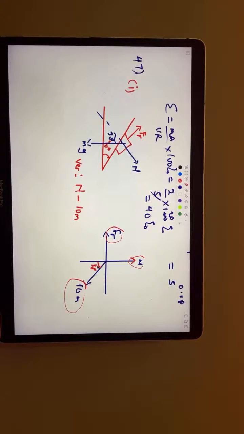This is the question you will ask yourself: which axis am I dealing with? In this case, vertical. Then you ask yourself again: which axis is the angle made with? If the answer is the same, then you will use cosine. Please take note, there's nothing like y-axis is sine and x-axis is cosine.